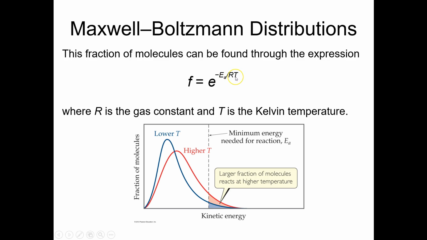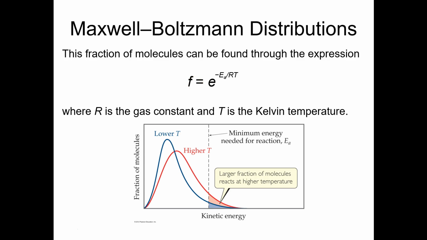If temperature is low, then this whole thing is going to be a higher magnitude of a negative number, and that's going to make my fraction a smaller number. So there is an inverse relationship here. The higher the temperature, the smaller the magnitude of this, the greater the fraction. The lower the temperature, the greater the magnitude of this term. Because it's negative, the smaller the fraction.